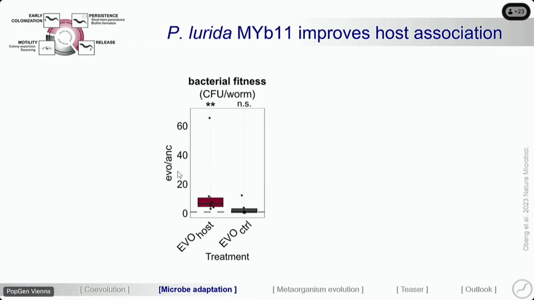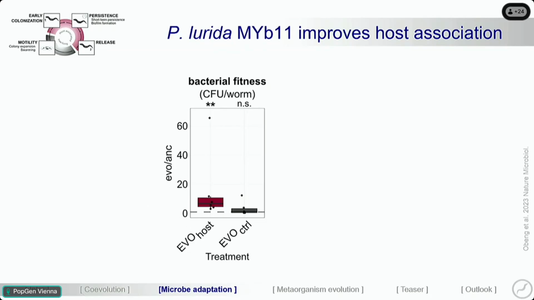This is a measure for the ability of these bacteria to colonize the host very well and associate with the host very well. You see a value above 1, so the evolved bacteria fare much better than they did before. And this is something that we particularly saw for the bacteria that evolved in the biphasic life cycle.